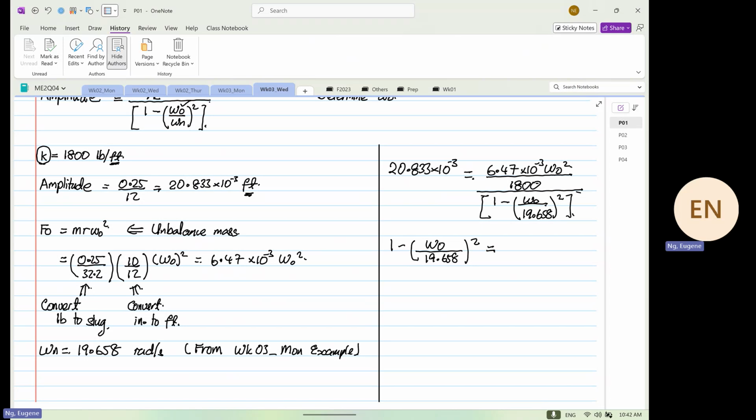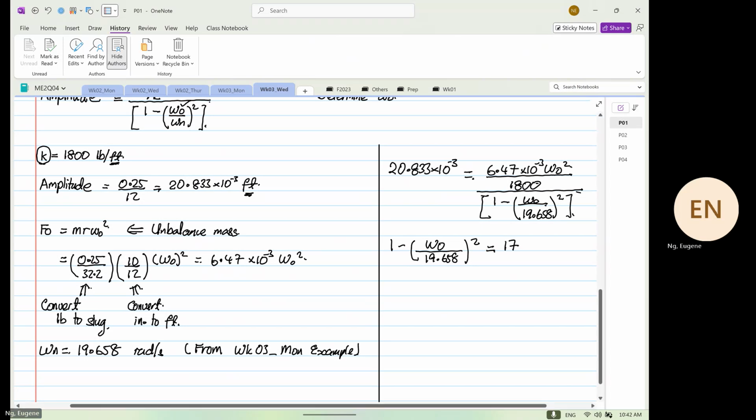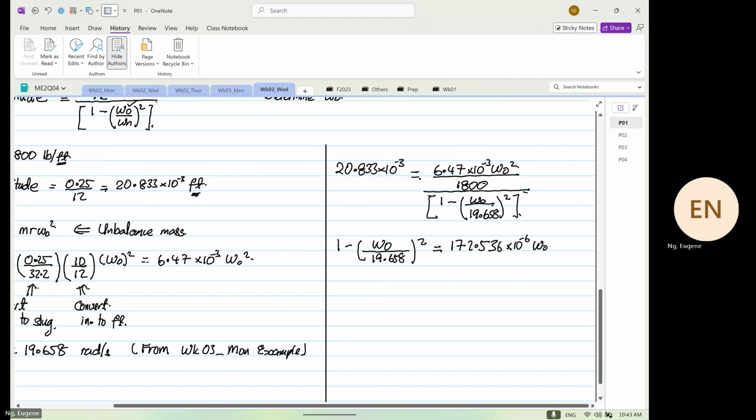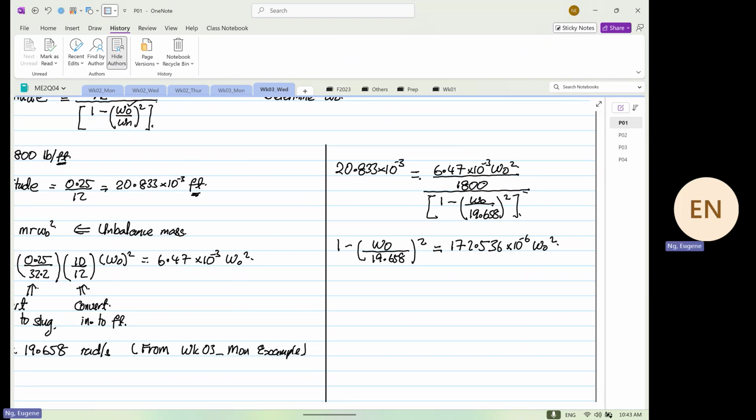This will be 172.536 times 10 to the power minus 6 omega naught squared. Let me do that again. 172.536. 6.47 power minus 3 divided by 1800 divided by 20.833 power minus 3. 172, yep, okay.